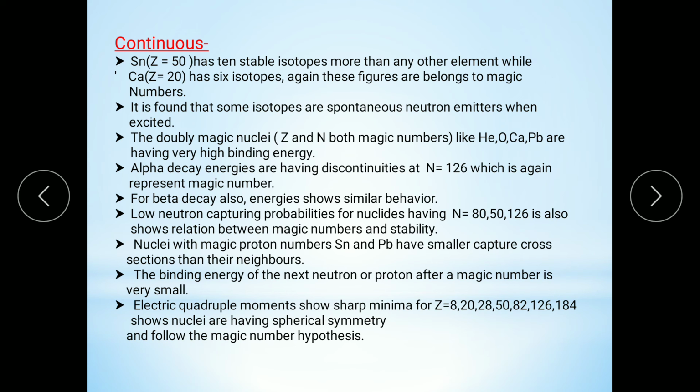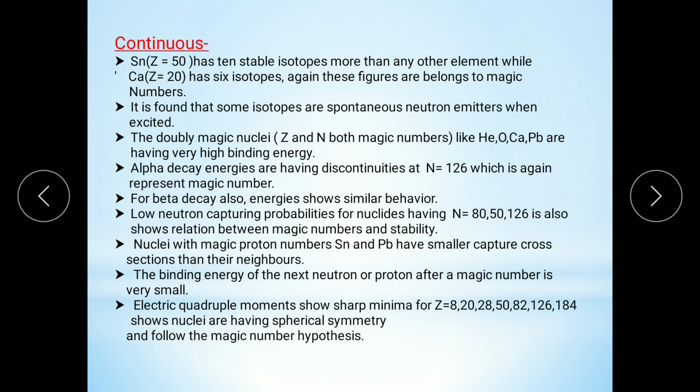As we already studied, for spherical symmetry the electric quadrupole moment is equal to 0. When the electric quadrupole moment is 0, it obviously shows a sharp minima, a dip. That's why this follows the magic number hypothesis.